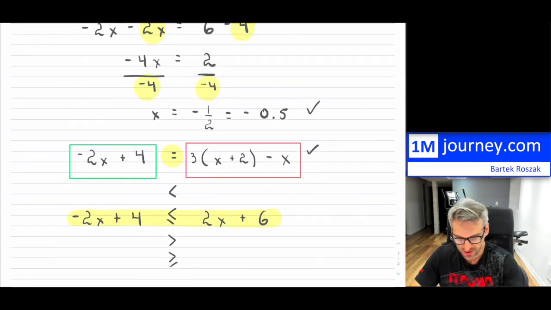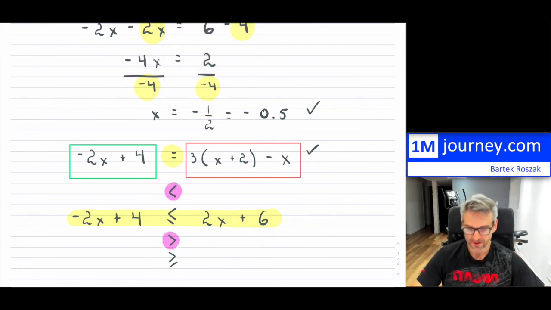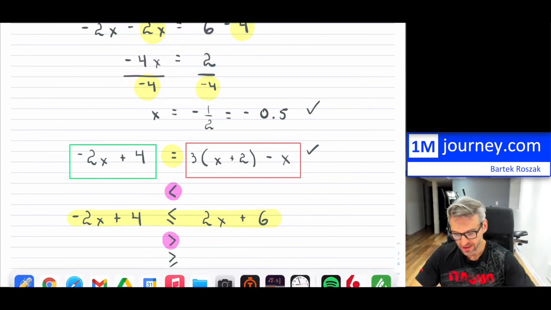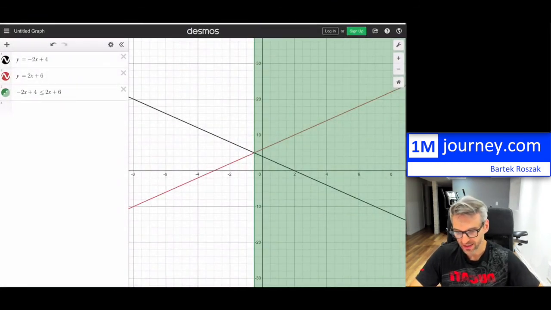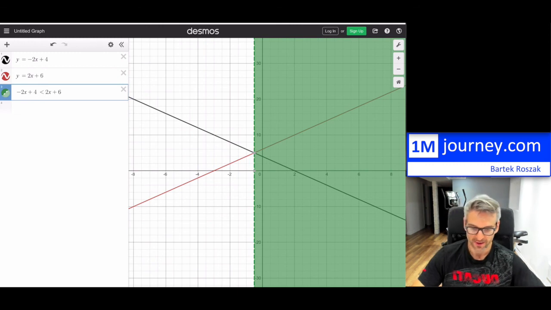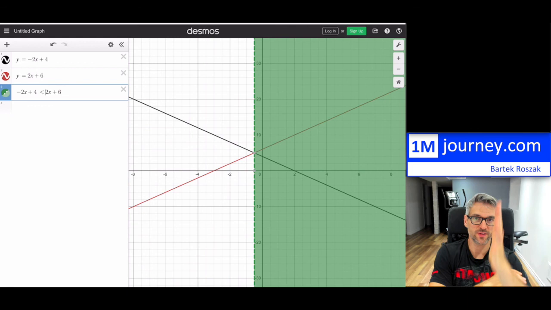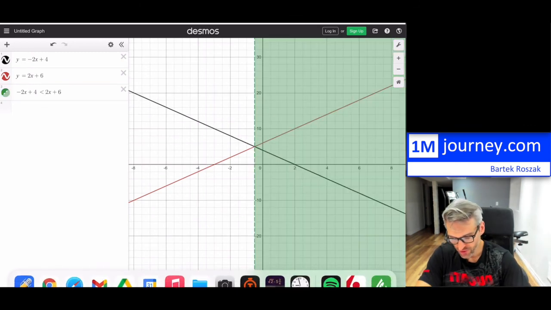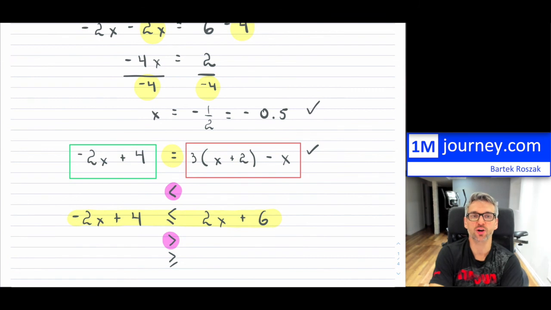For instance, this or this. When you plot these in Desmos, if I go back here and change this from equal to just less than, notice that you would see a dotted line or a dashed line, and that just means it doesn't include that number. So this is a wonderful introduction to solving these linear inequalities.